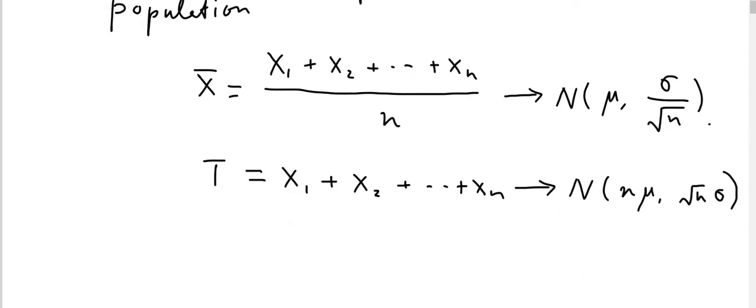This result, in probability and stats, we call the central limit theorem, CLT.